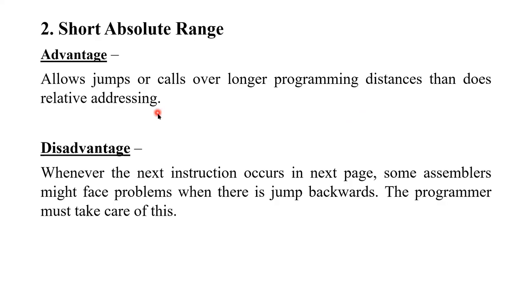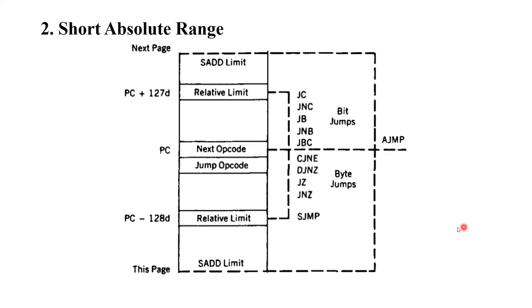We'll see that through the diagram here, right? In this diagram, the relative range is from 127D to minus 128D. But this range is from this page to the next page. What is the range for this one? 2 kilobytes, right?